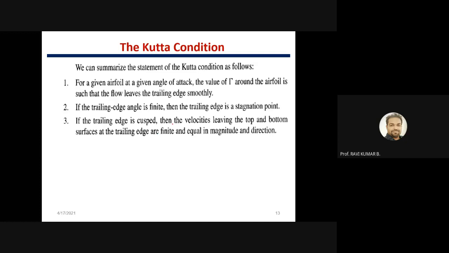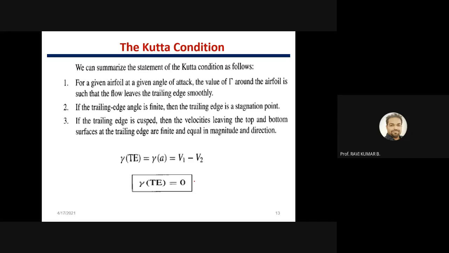If the trailing edge is a cusp, that is curved, then the velocities leaving the top and bottom surface at the trailing edge are finite and equal in magnitude and direction. So gamma at the trailing edge should be 0. If that condition exists, then we can say that the Kutta condition has been achieved. And achieving the Kutta condition is essential in order to generate circulation around the airfoil.